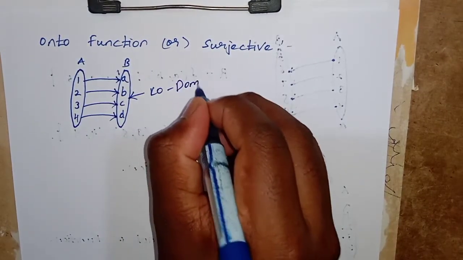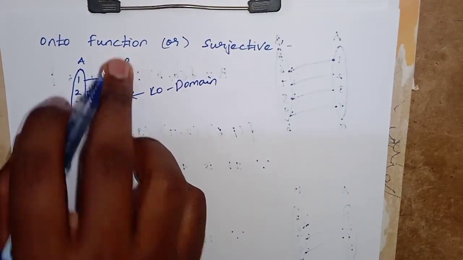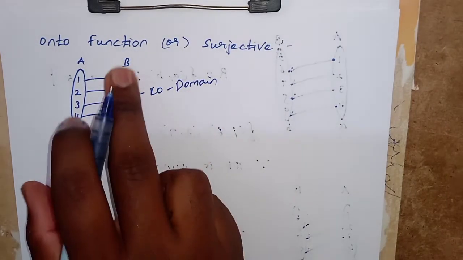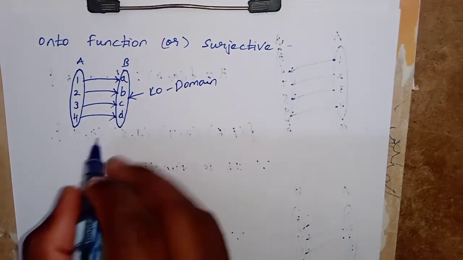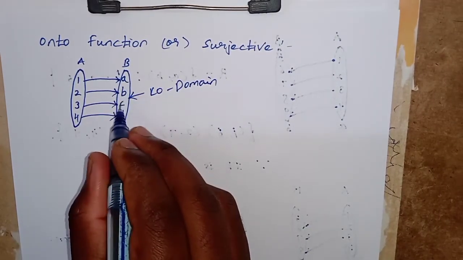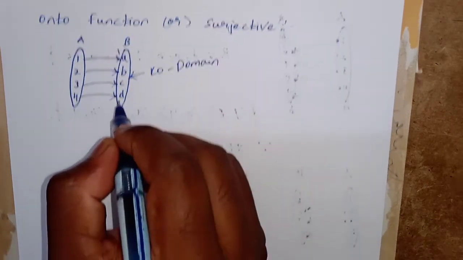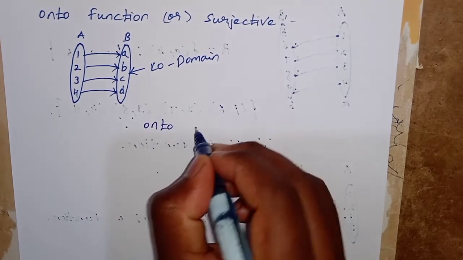Listen carefully. In an onto function you have to check the codomain. The codomain should be filled by every term, no extra term should be there. Here A, B, C, D, 4 terms are filled. Therefore here it is an onto function.